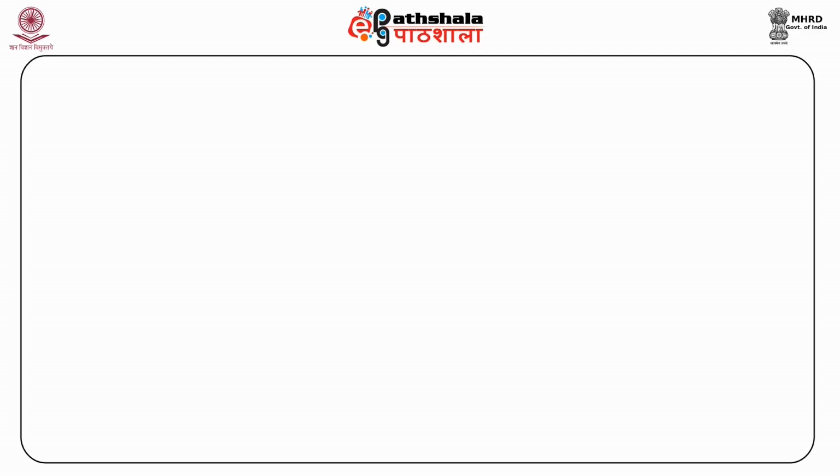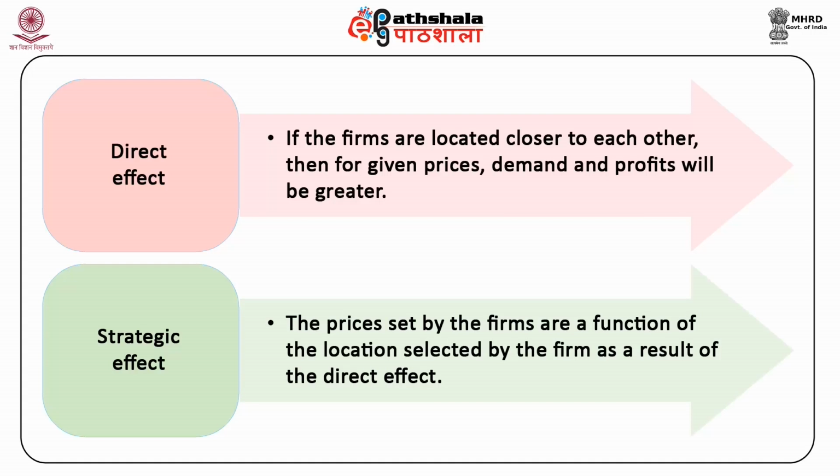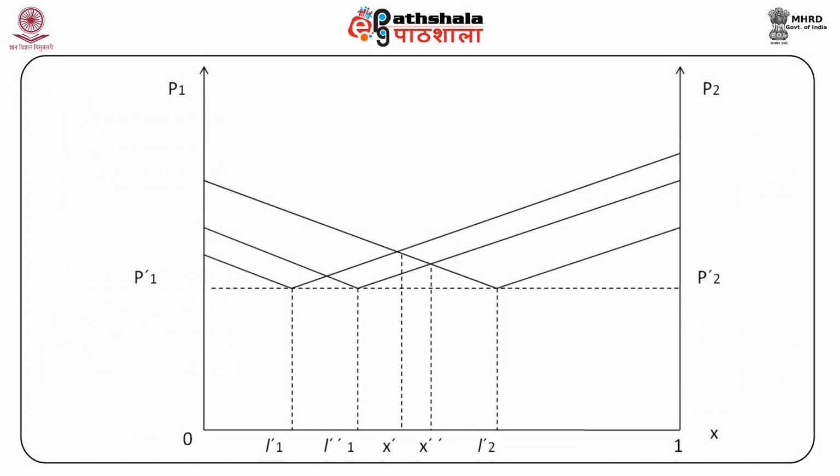In such a situation, we need to consider two types of effects, direct and strategic. If firm 1 is located close to firm 2, then for given prices, demand and profits will be greater. This is considered the direct effect of product positioning.